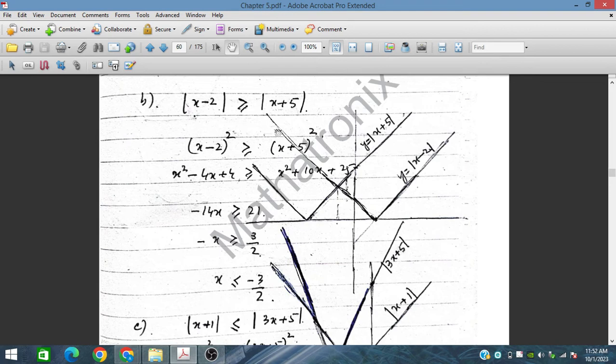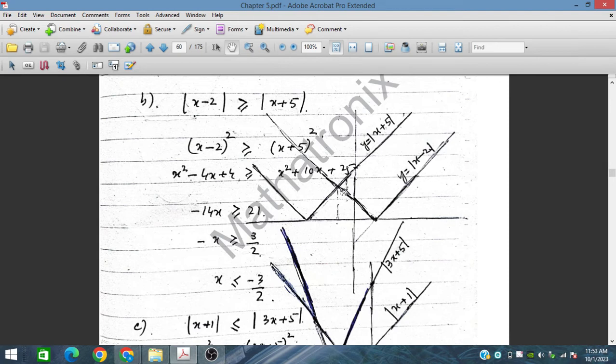When x is less than minus 3 upon 2, we will have this equation. This is |x - 2|, and this is |x + 5|. So we see this |x - 2| is greater, this |x + 5| is greater in this region.